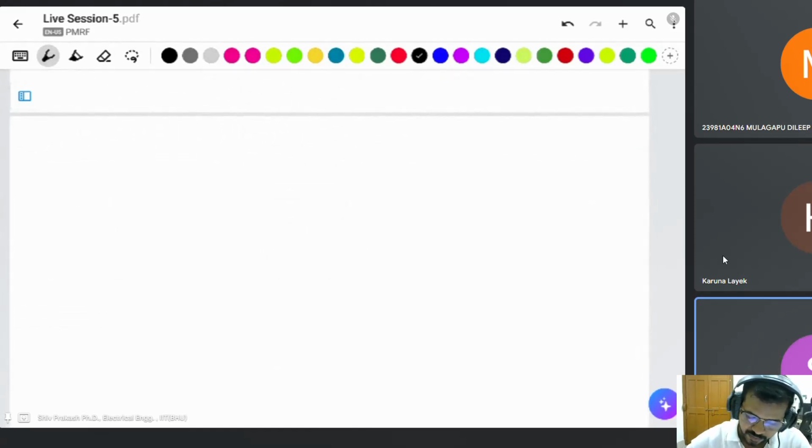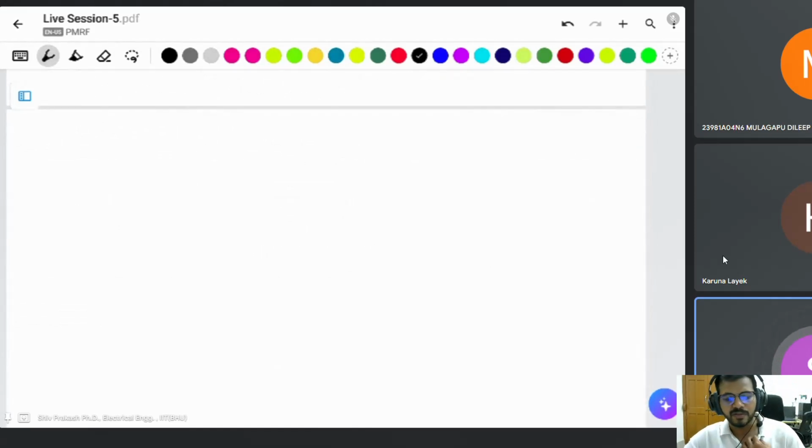Why was this needed? To make the system bounded, you have to add something, and that is known as the convergence, the same as ROC in Laplace.